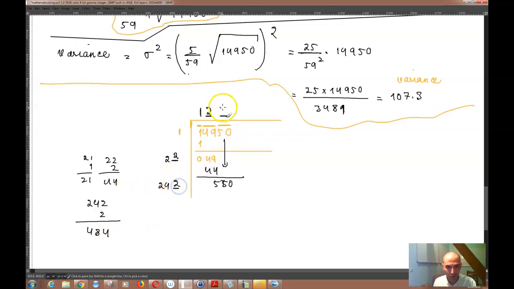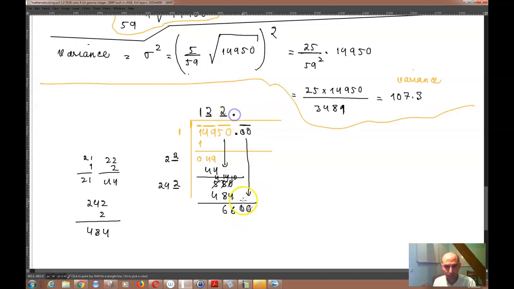So a 2 here, 484. And you get a 4 here, 14, 10, 6, 6, 0. Put 2 zeros here and bring them down.